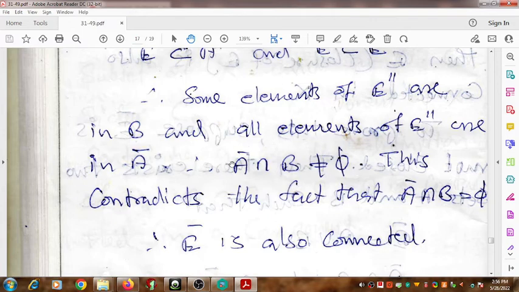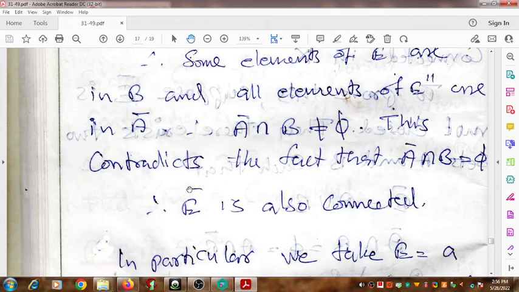Finally we get that closure of A intersection B is non-empty, and this contradicts the fact that closure of A intersection B is empty.